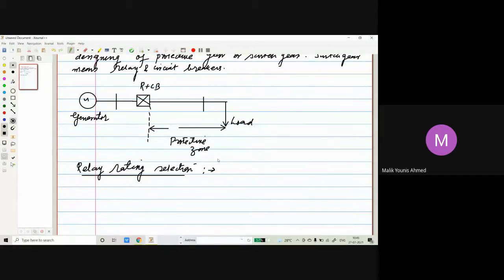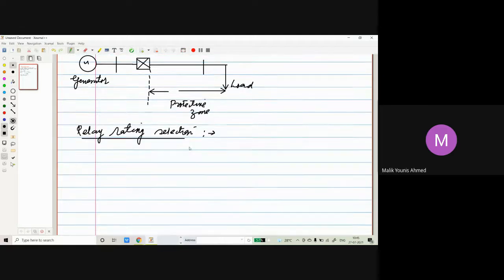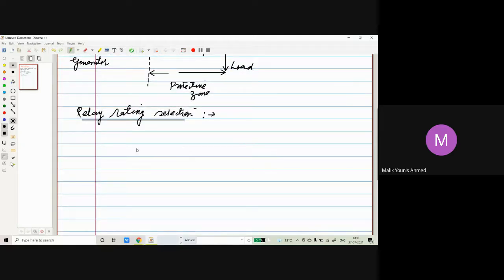First, I will clear this again, as yesterday. This is a schematic. What is the scheme of protection we have? This subject in detail you will study in 7th semester. Scheme of protective gear. So the scheme is like this.